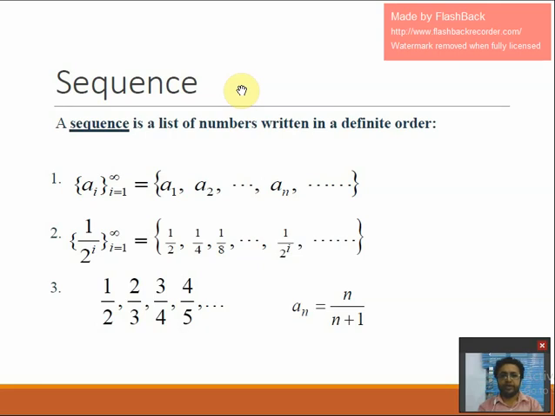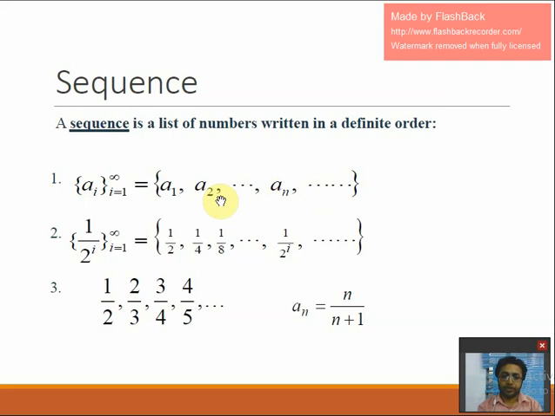So what do you mean by a sequence of numbers? A sequence of numbers is a list of numbers written like this: A1, A2, A3, An in a bracket form. Basically, we can define a sequence mathematically as a function from the set of all natural numbers to the real number set for a real sequence.